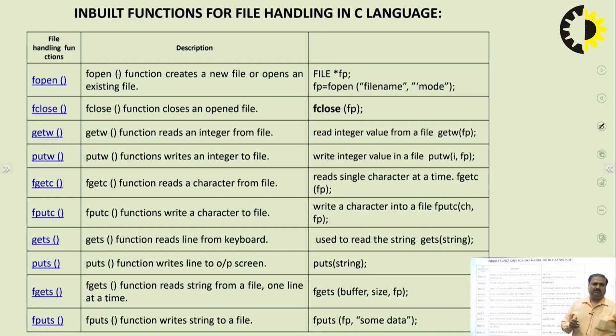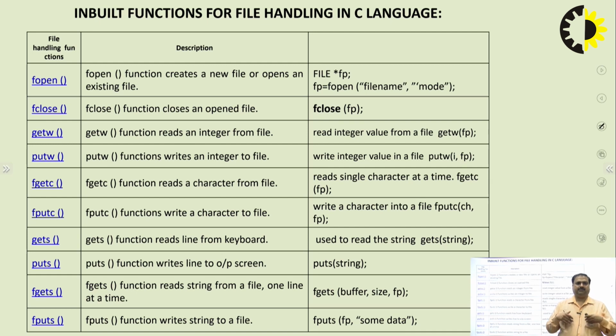These are some functions which can be used in file manipulation, like fopen and fclose. The getw function is for reading an integer from a file. The putw function is for writing an integer to the file. The fgetc function is used to read one character from the file.